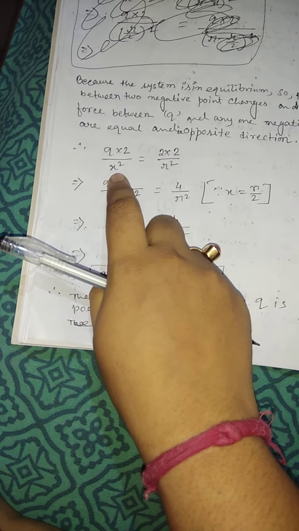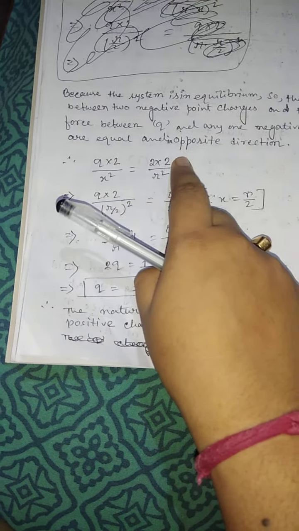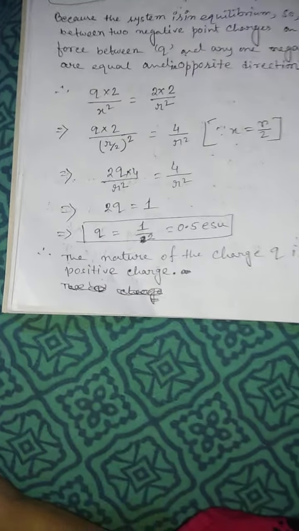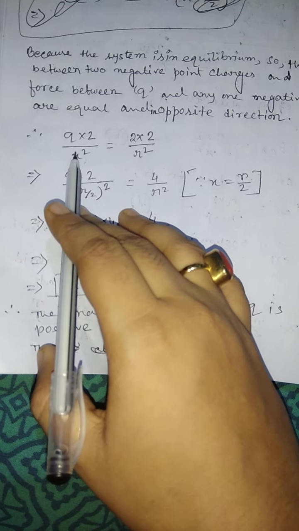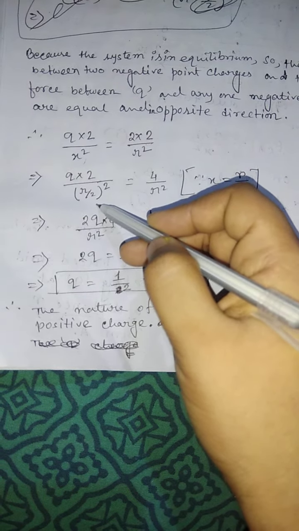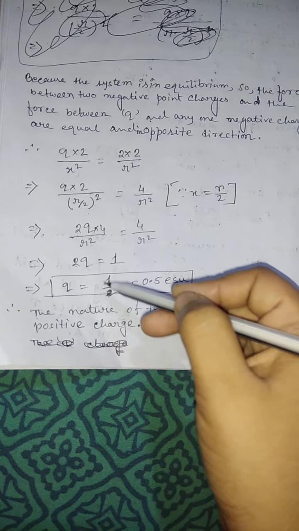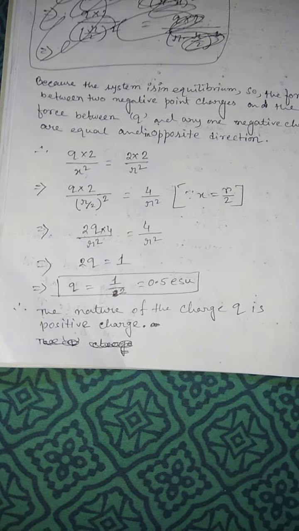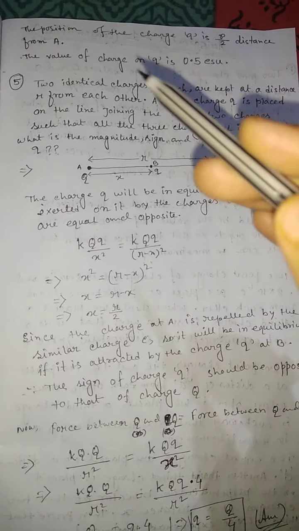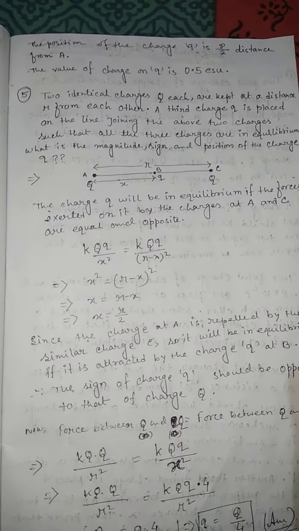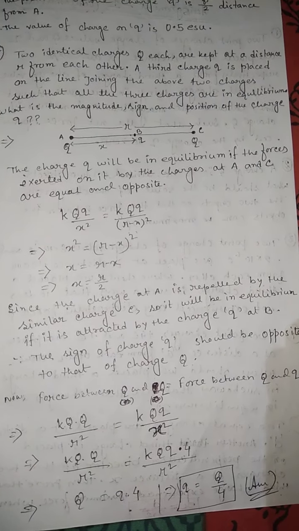So we can write Q into 2 by x squared equals 2 into 2, the force between the two negative charges, by the distance between them, r square. And we also have x equals r by 2. So we get the Q value as half, 0.5 ESU. So the nature of the charge is positive, position is r by 2 distance from A, and the value of the charge Q is 0.5 ESU because it is in the CGS system.